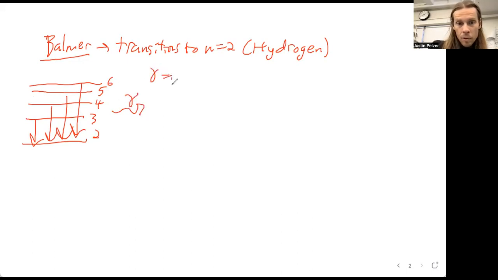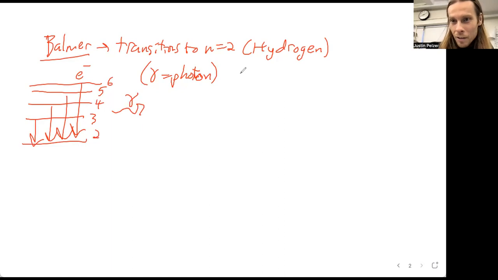By the way, gamma equals photon as a symbol. Obviously, e negative is electron. Gamma, typically, gamma particle is a photon, a particle of light.